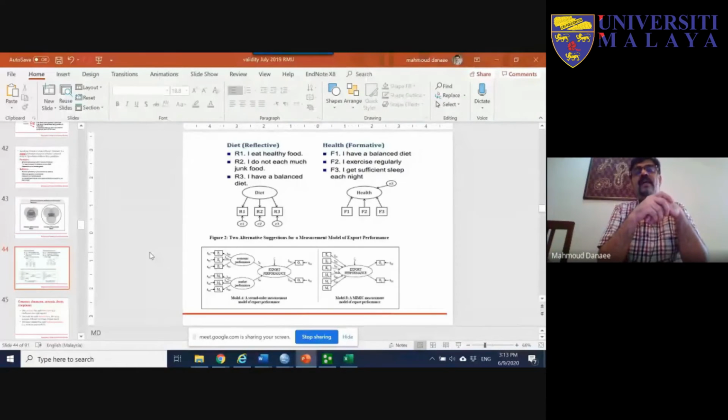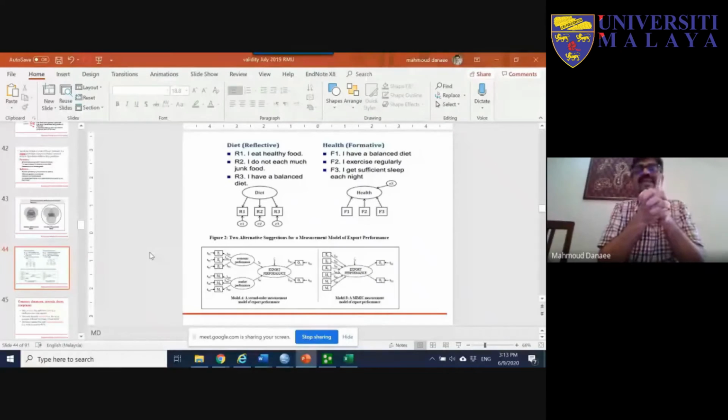For example, Amos is software for measuring construct validity, but it can only deal with the reflective construct. So if you have a formative construct, you cannot use Amos. Smart PLS, for example, is another software, or WarpPLS. These are software that can deal with the formative construct.